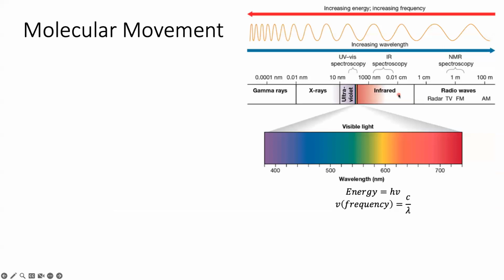However, the one that's a little bit more relevant for us is going to be infrared spectroscopy. So I want you to make note that infrared is going to be slightly higher frequency, but smaller wavelength than the microwave. Microwave is going to be a much lower frequency, but a higher wavelength than infrared.